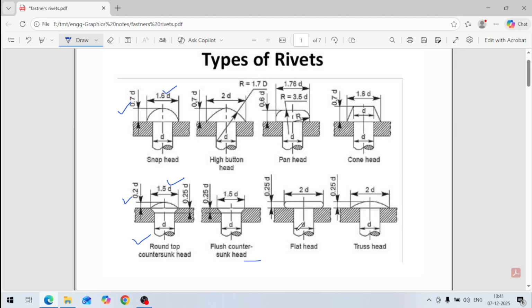Height is 0.25 D, and this diameter is 2 D. This is the truss head, 0.25 D, and this is 2 D, and this diameter is D. So these are all types of heads. In all types of rivets, these may be the heads of the rivet.